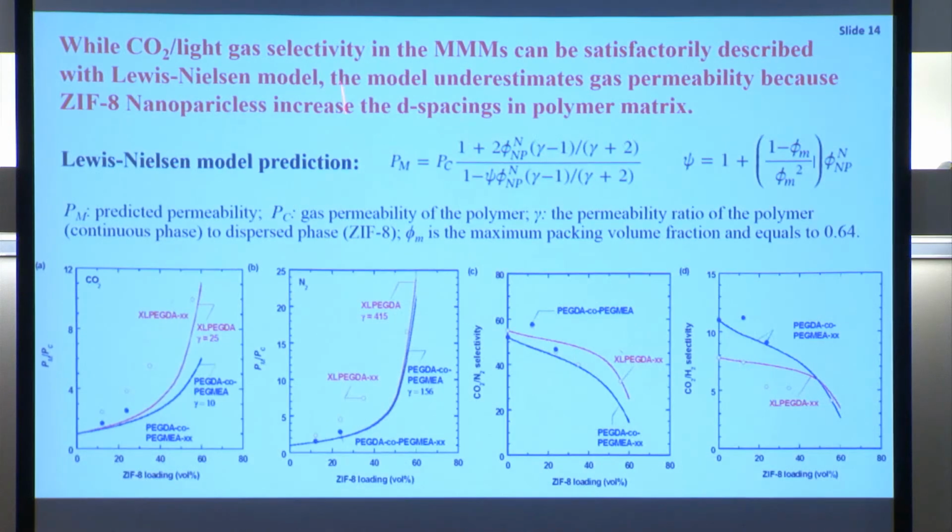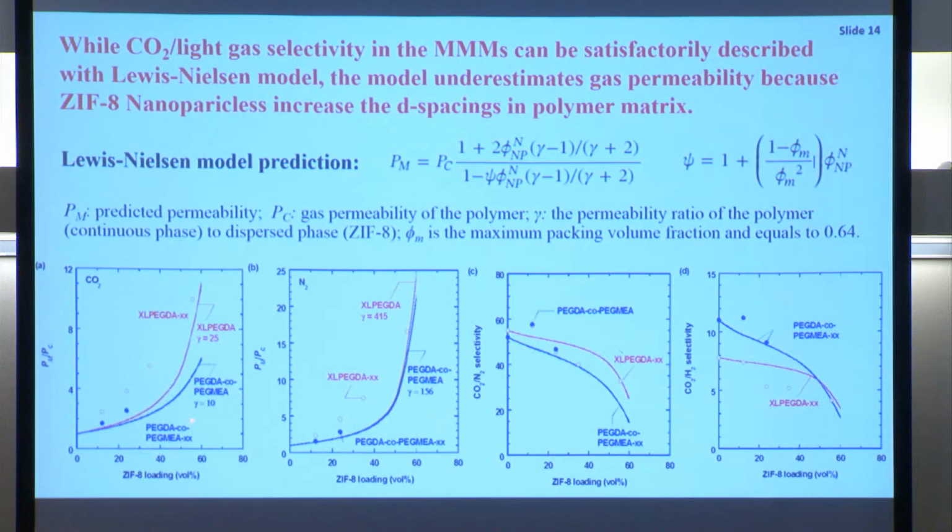So we use the Lewis-Nielsen model to predict the permeability, and you can see the red curve and the blue curve are the calculation results, and the dispersed dots are the experimental results.